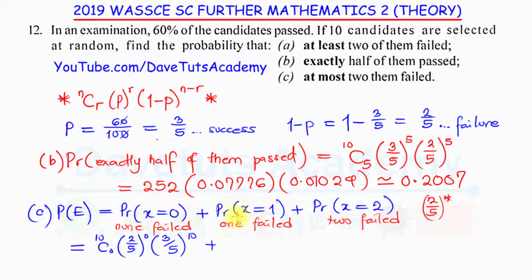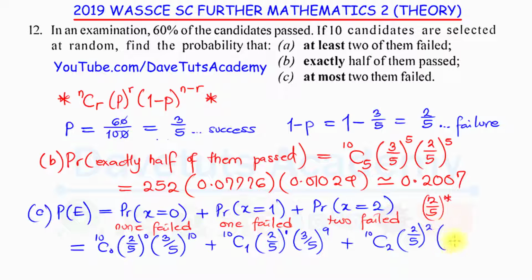Plus, in the second case 1 failed, so we have 10 combination 1 multiplied by 2/5, which is for failure, raised to power 1 failing, then 3/5 raised to power 9. And then for the third case we have 10 combination 2 multiplied by 2/5 raised to power 2 failing, then multiplied by 3/5 raised to power 8. So that is the ideal way to go about solving this.